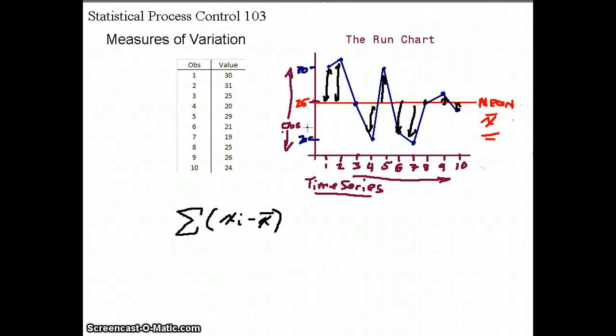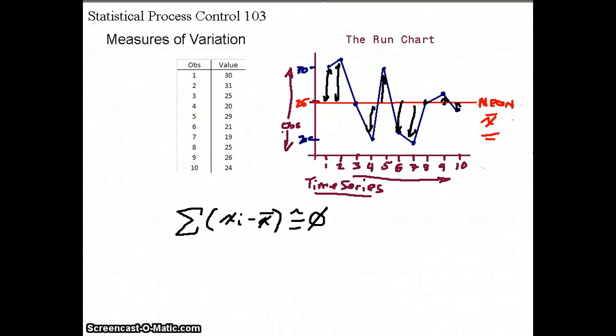Well, some of these distances are positive and some of them are negative. And since they're variations from the mean, we'd expect the sum to be pretty close to 0. So this doesn't turn out to be a very useful statistic.